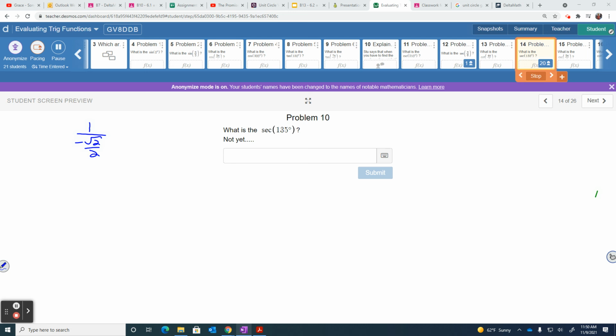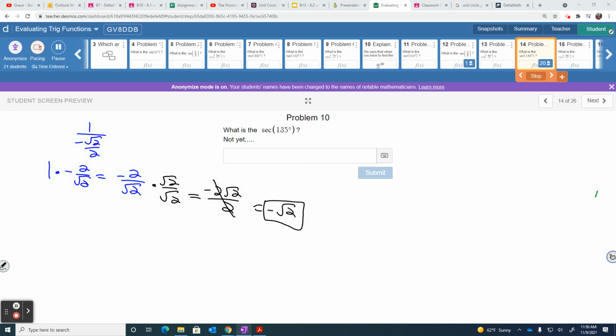So we keep, change, flip: 1 over 2 times negative 2 over radical 2. This becomes negative 2 over radical 2. This one you multiply by radical 2 over radical 2. That gives you negative 2 radical 2 over 2. And then the 2's actually cancel. So this is negative radical 2.